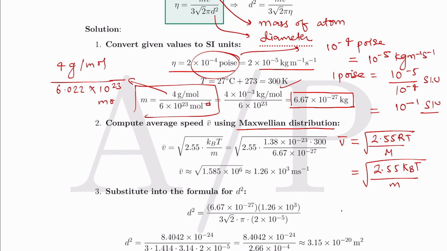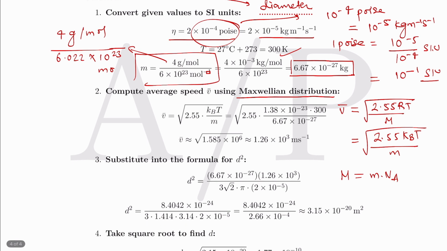Capital M is nothing but small m multiplied by Avogadro number, and in that way we can find the relation. This is what I am trying to teach you: even if you don't know the mathematical formula, you can still keep the arguments of physics and mathematics open, so that you can do a little bit of learning while solving the question itself. This is the ultimate goal, that we learn by solving. Great. So let us move forward.